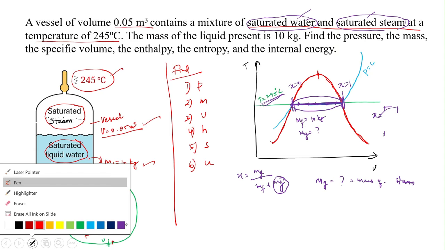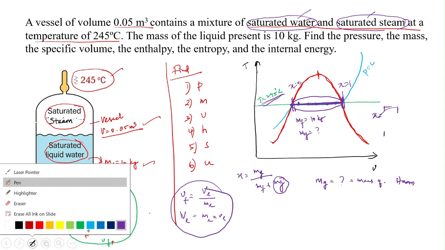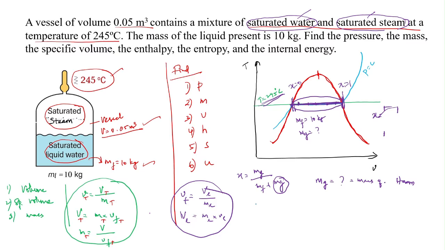Specific volume of liquid is equal to volume of liquid divided by mass of liquid. Otherwise, the volume of liquid is equal to mass of liquid into specific volume of liquid. So this is the case for liquid. And for steam, specific volume of steam is equal to volume of steam divided by mass of steam.